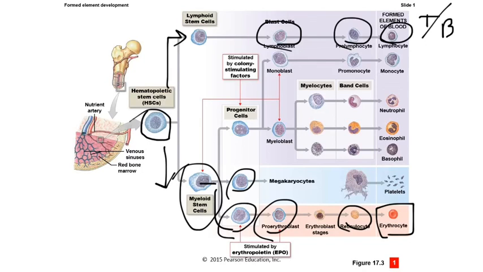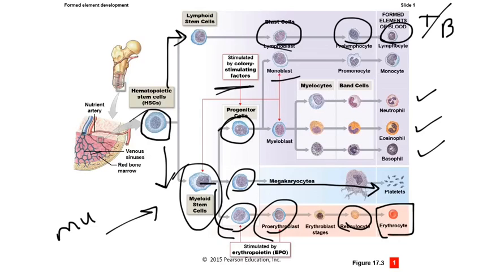That is going to bleb off and make the platelets. Or it can become, through different stimulating factors, the progenitor cell for making monocytes and eventually neutrophils, eosinophils, and basophils. So again, this myeloid makes multiple formed elements, whereas the lymphoid only makes lymphoid cells.